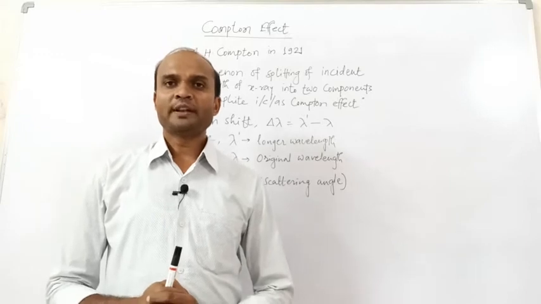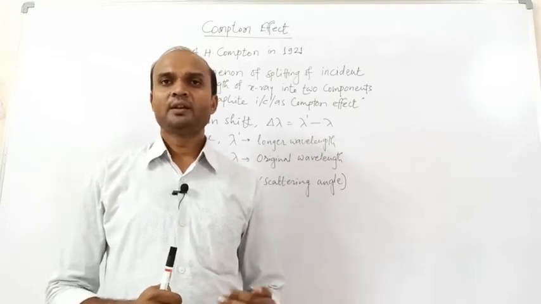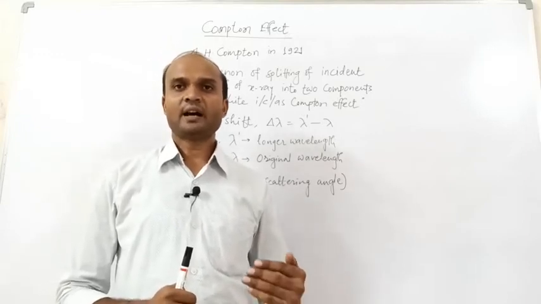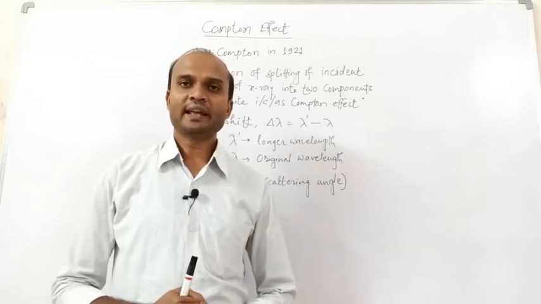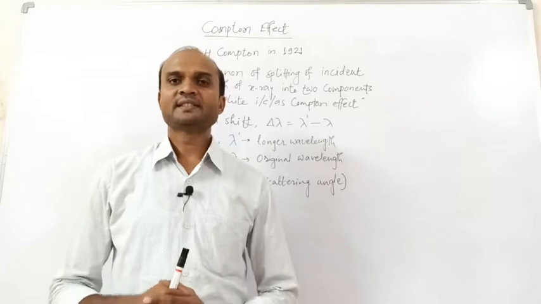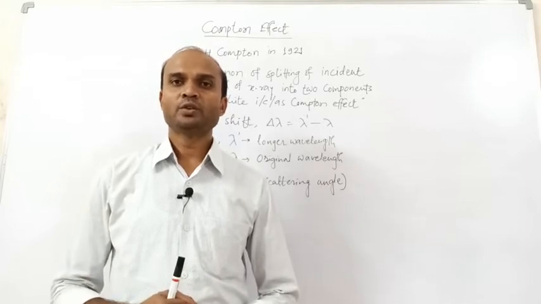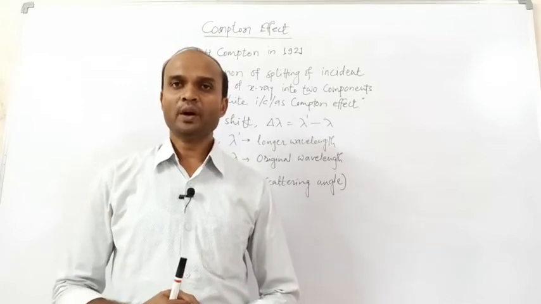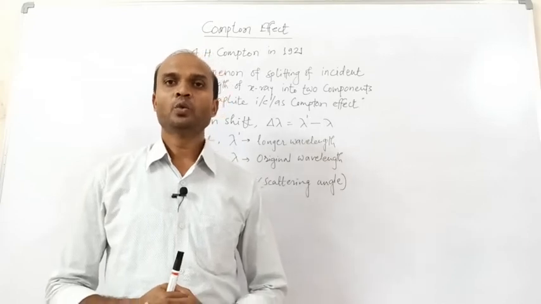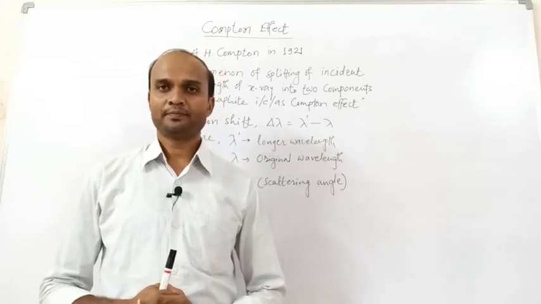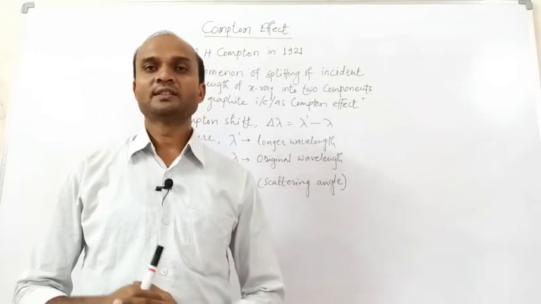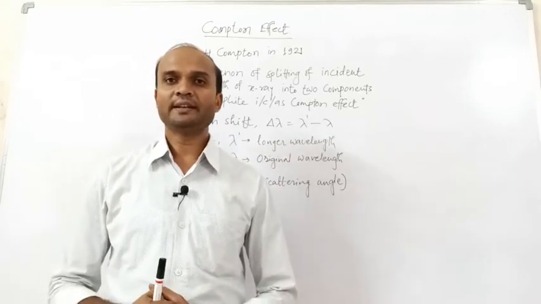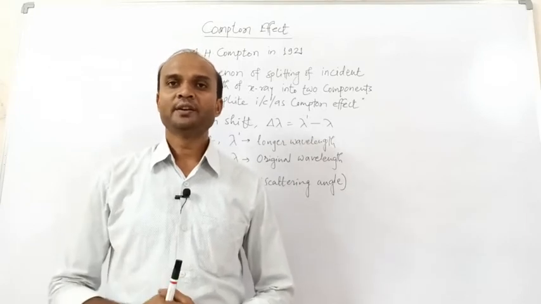The slightly longer wavelength, or the peak corresponding to it, is called the modified wavelength. So what Compton observed is that whenever X-rays are scattered from a light element like graphite, the scattered radiation shows two peaks. One corresponds to the original wavelength, called the unmodified wavelength, and the other corresponds to the slightly longer wavelength, called the modified wavelength.